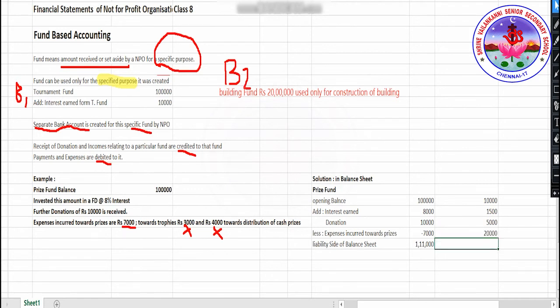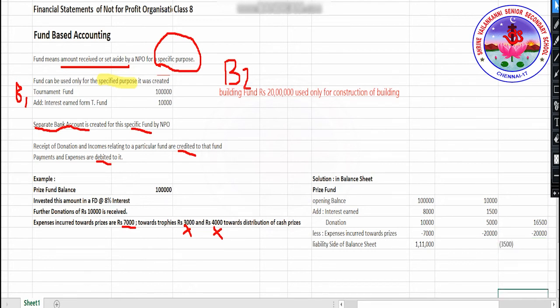My total comes to 16,500. Now, the expense is a negative figure, right? If I minus 20,000, I will get 3,500, which is also a negative figure.